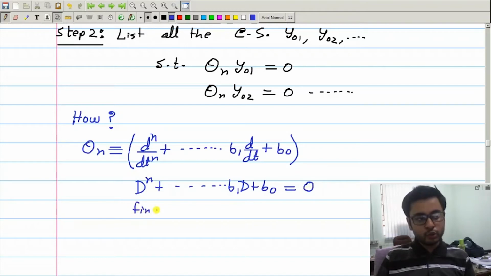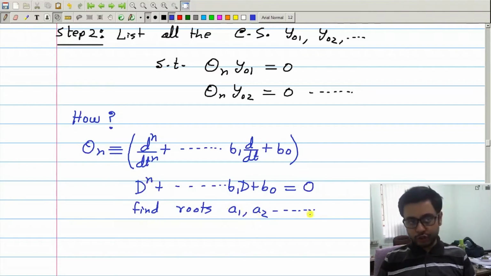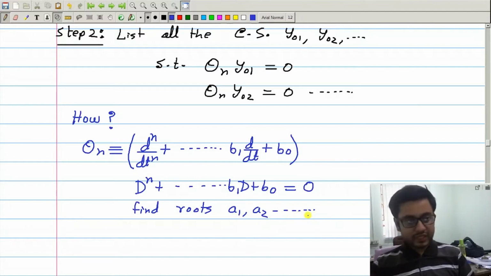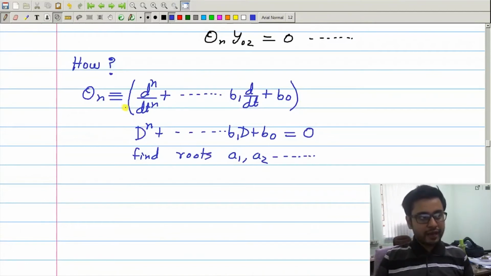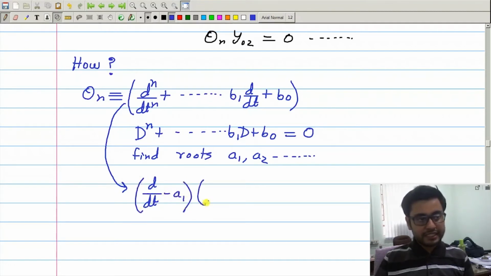We will find the roots or the solutions of this polynomial equation, call them a1, a2, etc. We can have a total of n number of roots, but some of these roots can be repetitive, and then you can write this as d/dt minus a1, d/dt minus a2 and so on.